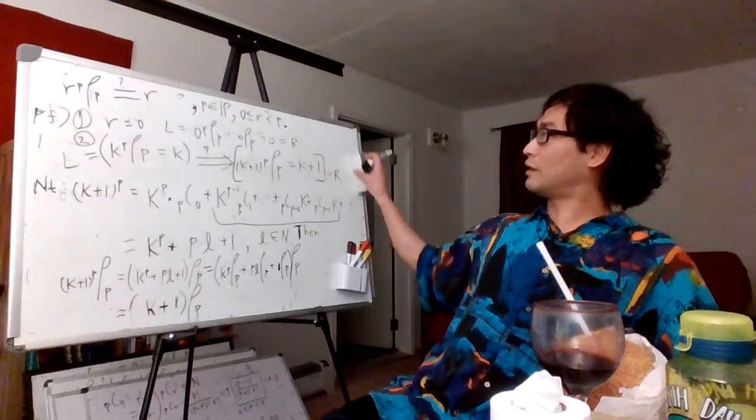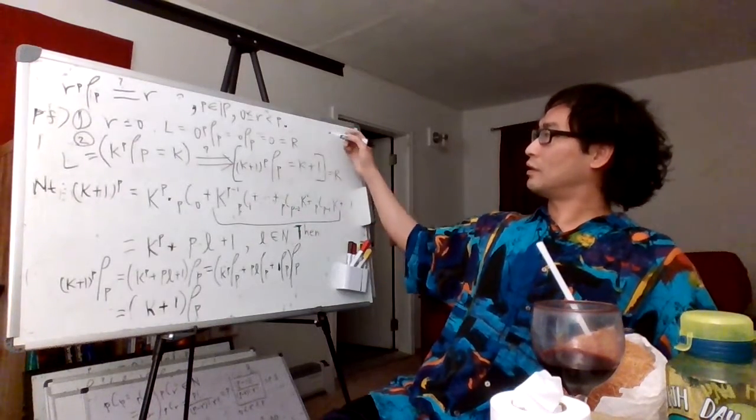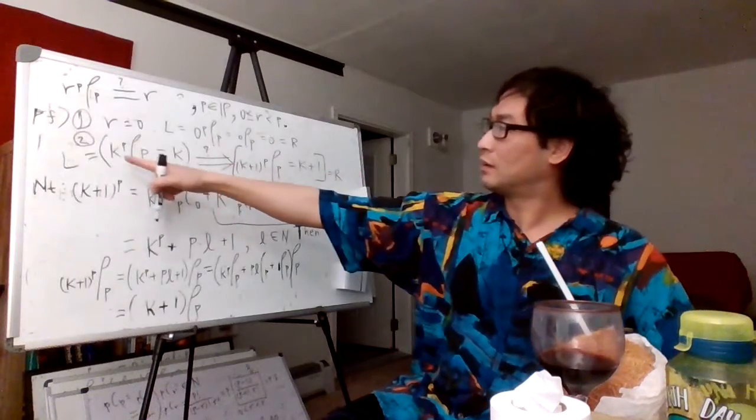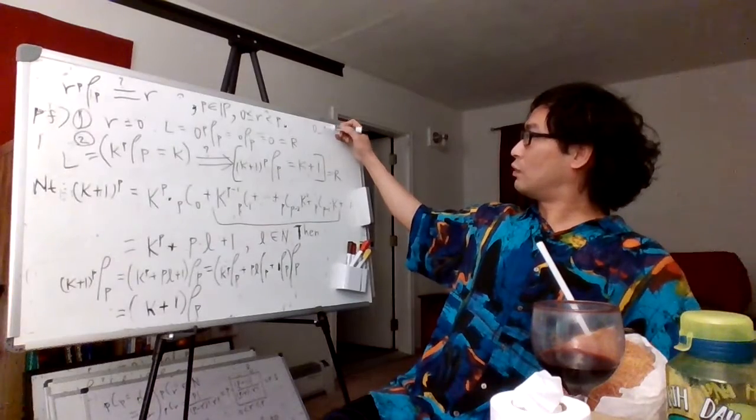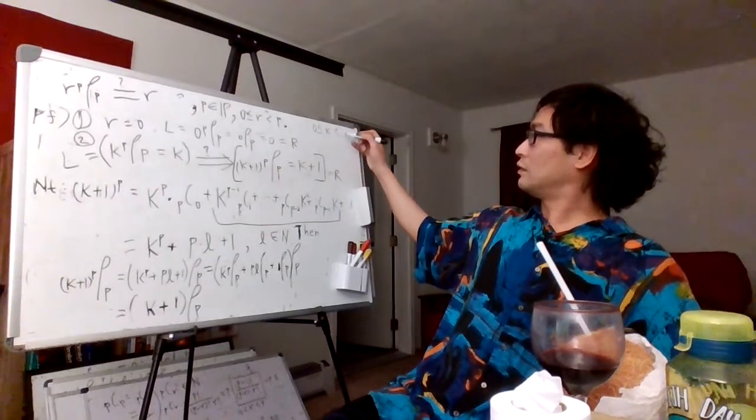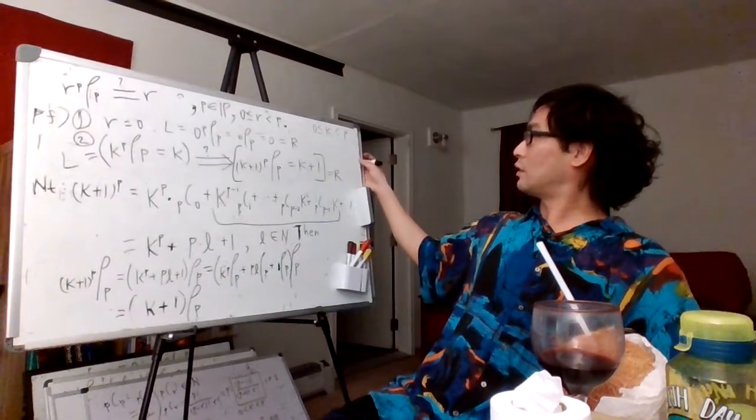K is like R, right? So yeah, k is just like R. So 0 k p.